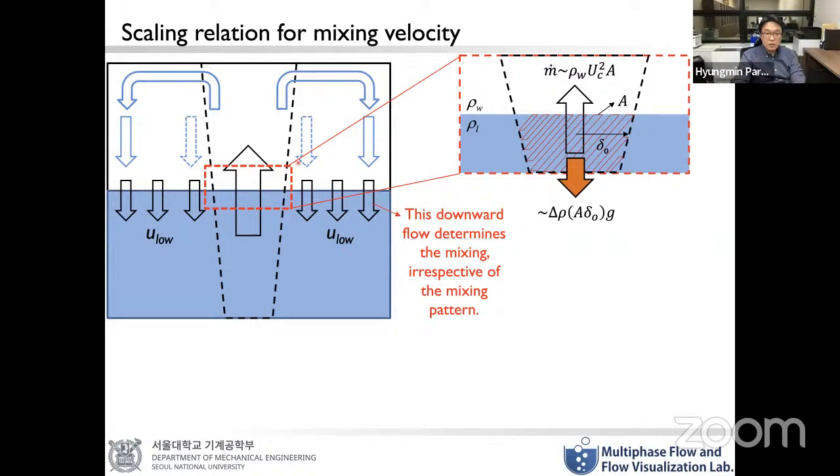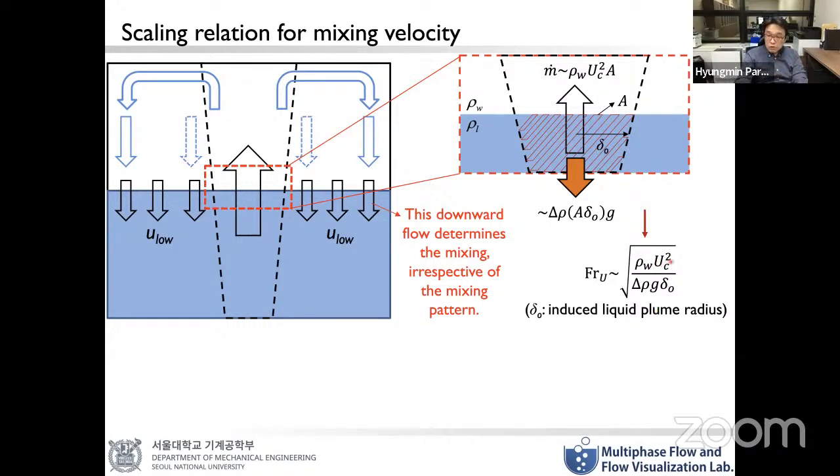When we look at the area highlighted with this red box, this downward velocity of the interface will be determined by the interplay between the momentum flux, m dot, and the gravity flux, noted by this orange colored arrow in the downward direction. The ratio between this m dot and this gravity flux is nothing but the Froude number, as I classified the bubble plume pattern using this Froude number.